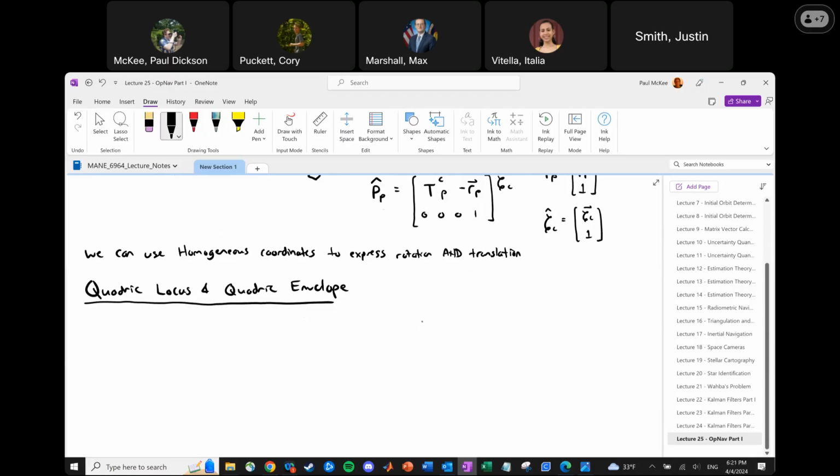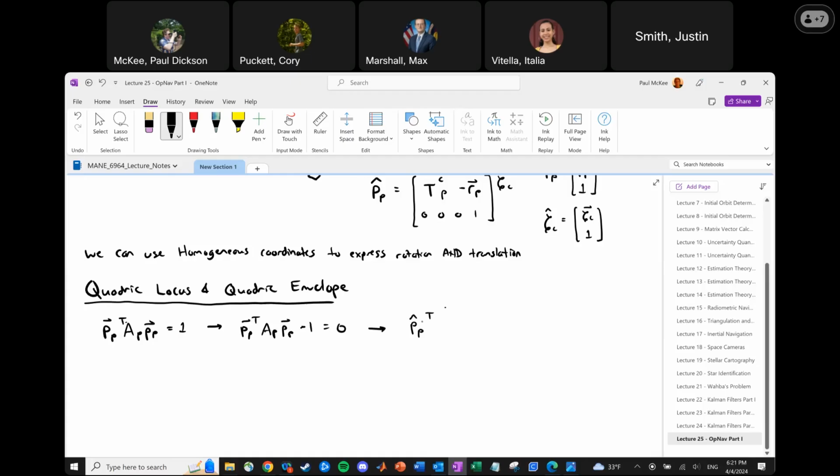So remember that P_P transpose A_P P_P is equal to 1. That's from before. Well, then you could just as easily say P_P transpose A_P P_P minus 1 is equal to 0. Now we could express this same idea in homogeneous coordinates as P with a hat. So this is going to be a 3x1 vector with a 1 tacked on at the end.